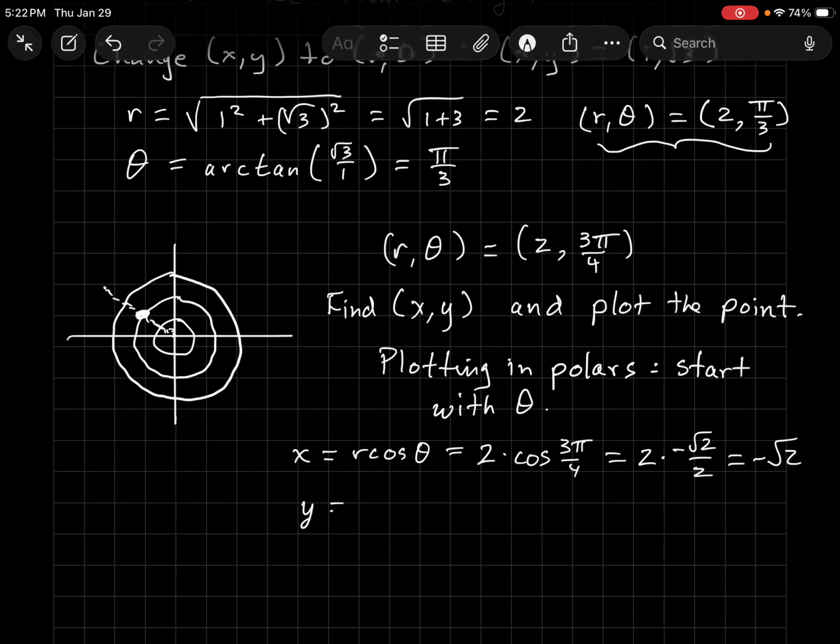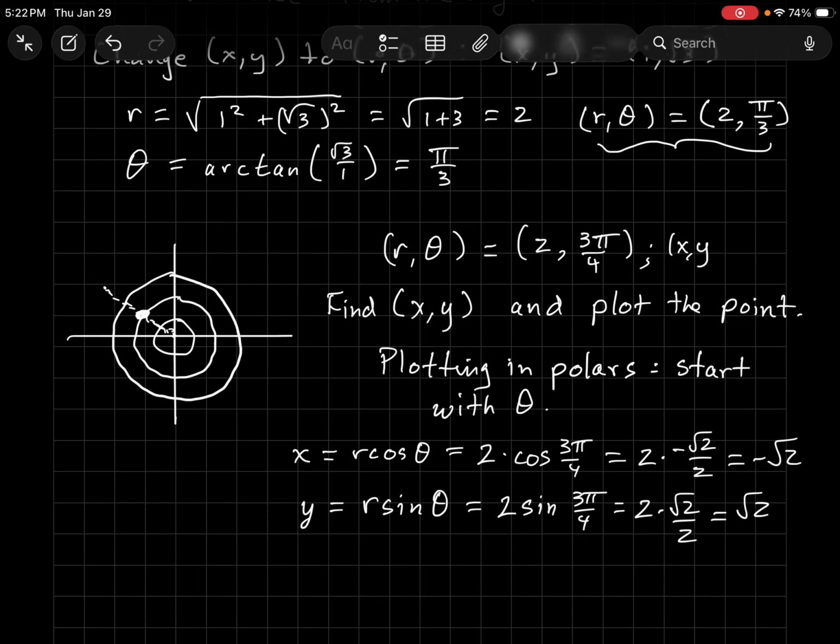And the y is r sine theta, so that's 2 times the sine of 3 pi over 4, which is 2 times positive root 2 over 2, or just root 2. So polar 2 comma 3 pi over 4 means our rectangular is negative root 2 comma positive root 2.